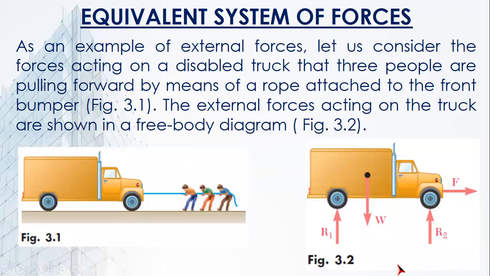These are the external forces: the force exerted by the road surface on the tires, the tension in the cable, the amount of force exerted by the three people, and the weight. The weight is considered external.